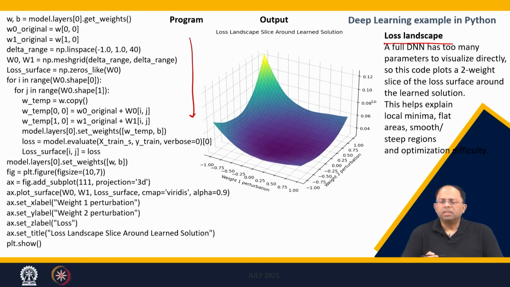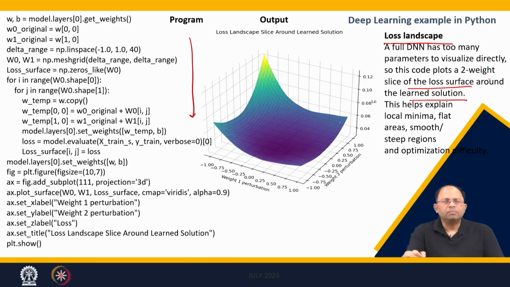So what we do is instead of taking all the features, we take a couple of features, right? And then we use it to determine the loss surface based on the actual learning function that we have used. A full DNN has too many parameters to visualize directly. So this particular code that we have given plots a two-weight slice of the loss surface around the learned solution.